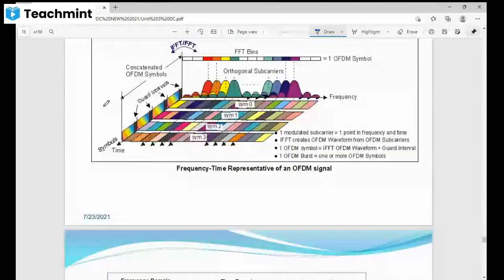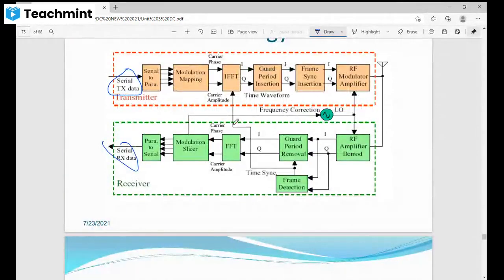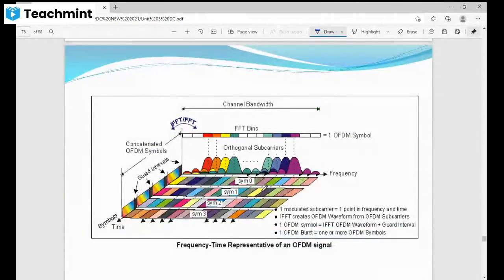Original signal back. So you can see here, what I just explained is in this diagram.